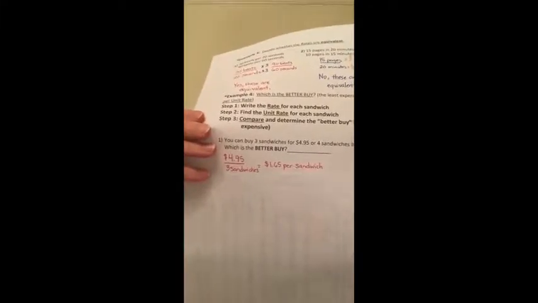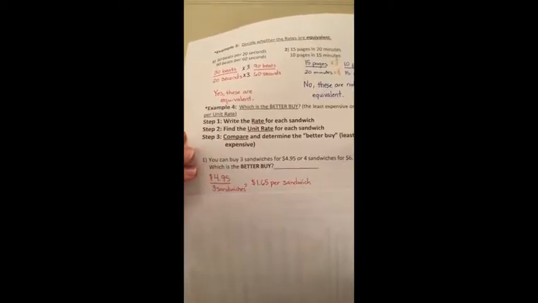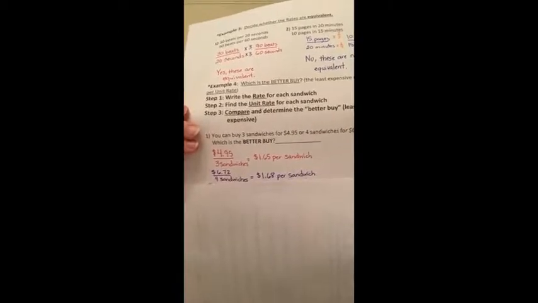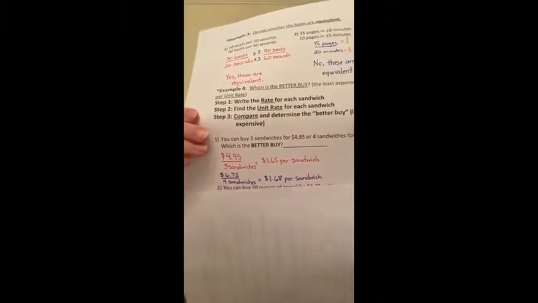So I'm going to set up a rate, $4.95 for 3 sandwiches. That means that it's $1.65 per sandwich. And then for the next one, $6.72 for 4 sandwiches. That tells me that I have to pay $1.68 per sandwich.